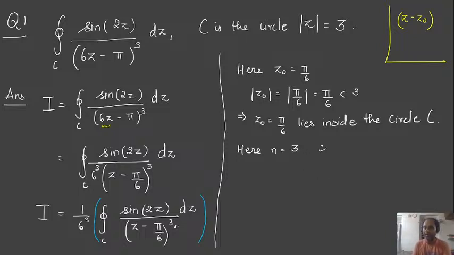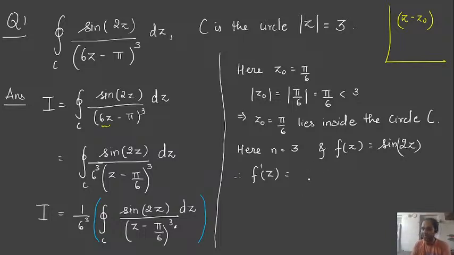Now f of z is equal to sine 2z. Now we calculate that many derivatives. So how many derivatives will we need to calculate? 2 derivatives. How do we come to know that we have to calculate 2 derivatives? n minus 1. Okay, reduce it by 1. So here I am going to calculate 2 derivatives. Therefore f dash of z, what is the derivative of sine 2z?